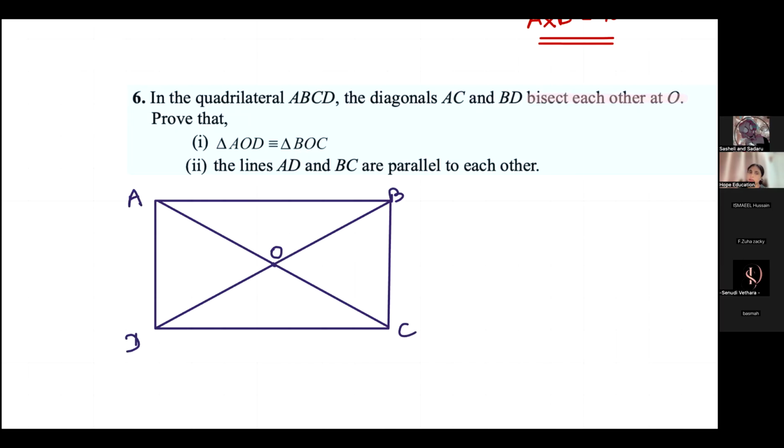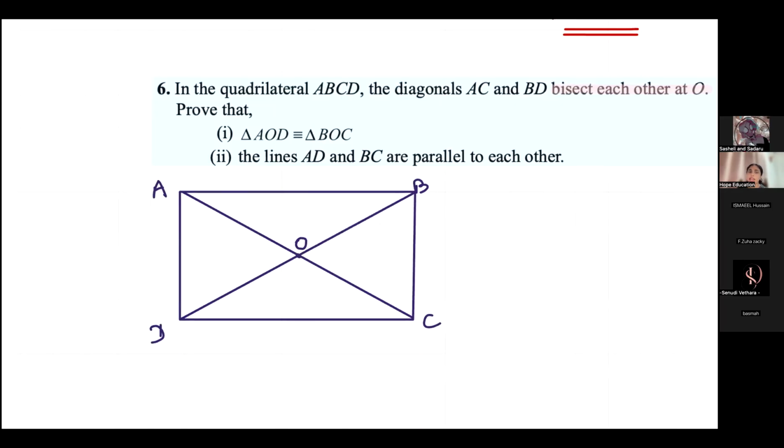What does that mean? Now here we have the diagonal AC and here we have the diagonal BD. They are intersecting. Bisect means where they cut, that's point O, no? Here they are cut off equally. Bisect means equal.